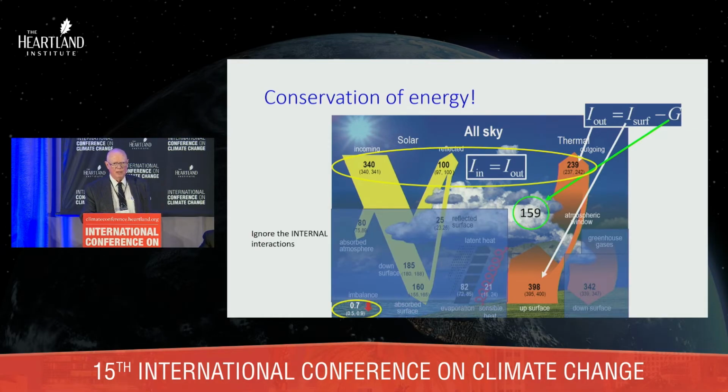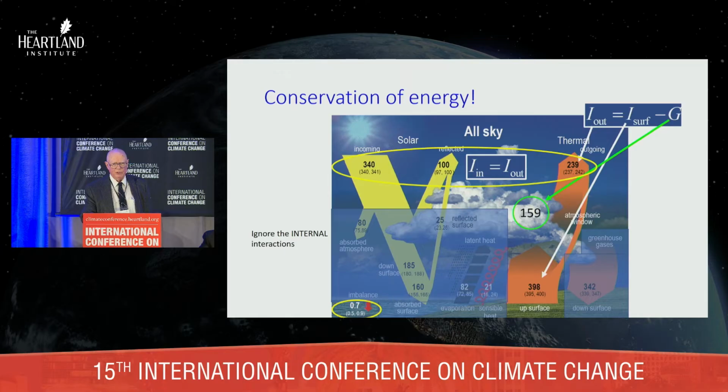And those other things are internal energy transfers, which require a certain amount of expertise, but we're going to ignore them because we're simply going to take their numbers as answers, okay?